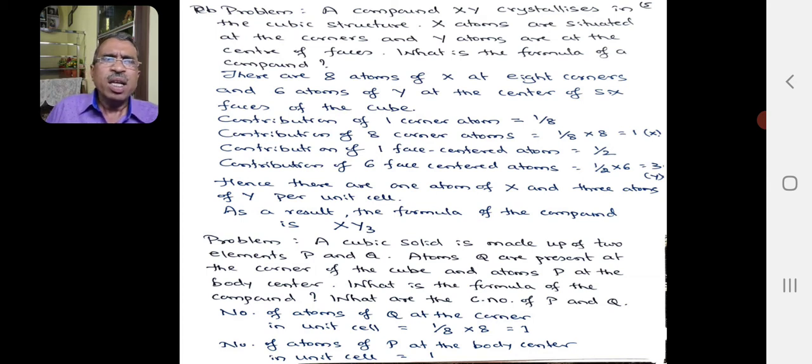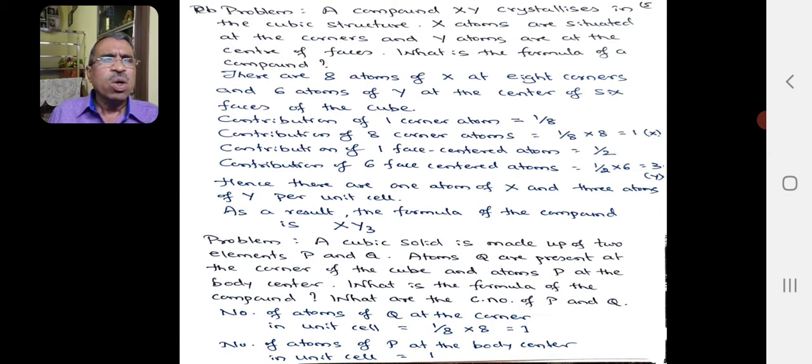Coming to another problem, a cubic solid is made up of 2 elements P and Q. Atoms Q are present at the corners of the cube and atoms P at the body center. What is the formula of the compound?